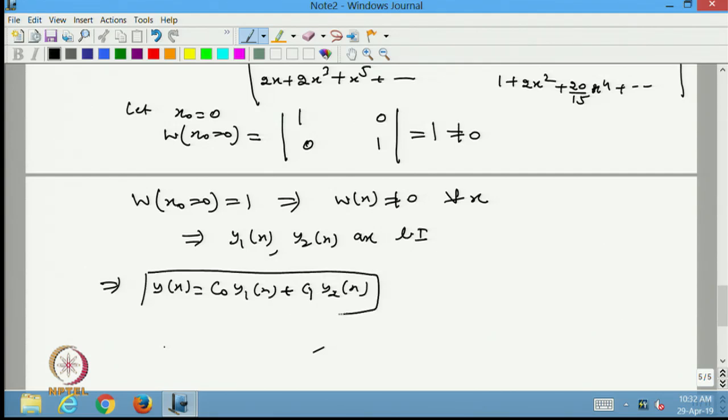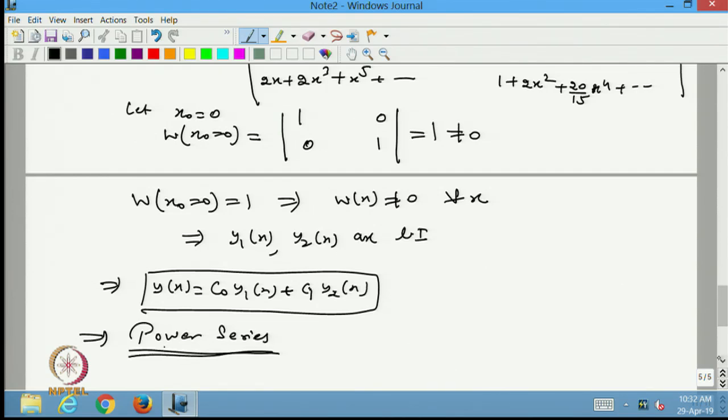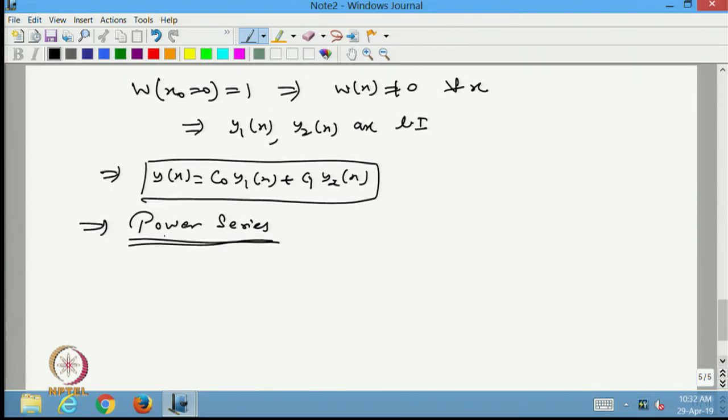From here I can start a new concept, a solution of the form of a power series. So, this we call a power series solution.